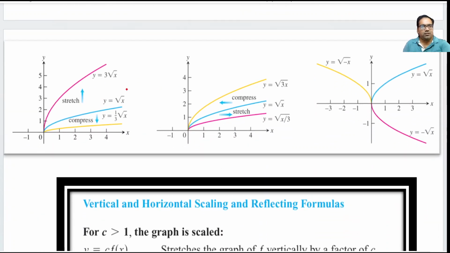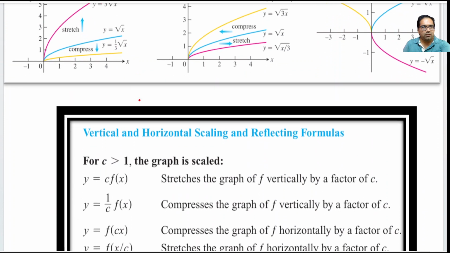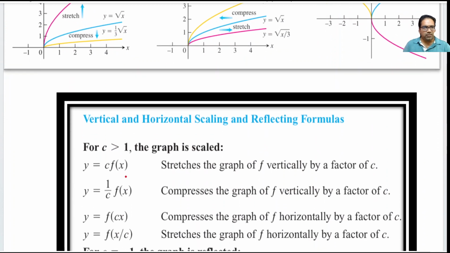Similarly, for stretching, if the constant multiplied with the function is greater than 1, then it is an upward stretch. Or if the constant you are multiplying is lesser than 1, that means it is a compression across the y-axis, some compression vertically.